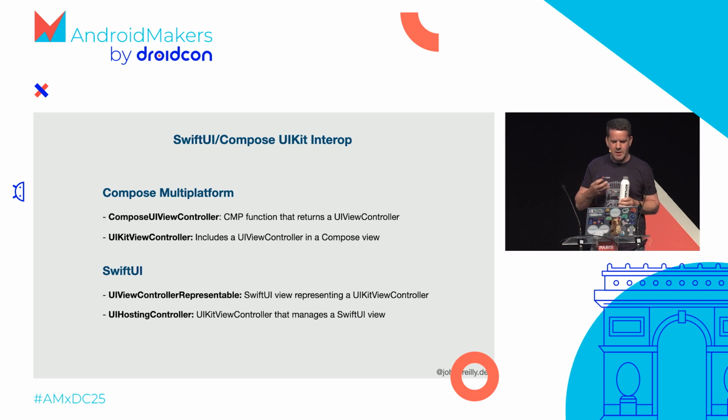It's a CMP function that wraps Compose code in a UIViewController. And UIKitViewController, which supports the reverse, allowing inclusion of a UIViewController in a Compose view. And we have similar symmetry for SwiftUI with UIViewControllerRepresentable, which allows including a UIViewController in SwiftUI, and UIHostingController for wrapping SwiftUI as a UIViewController. I'm going to be saying UIViewController a lot, by the way. Lots of moving parts that will hopefully become clear as we work through some examples.